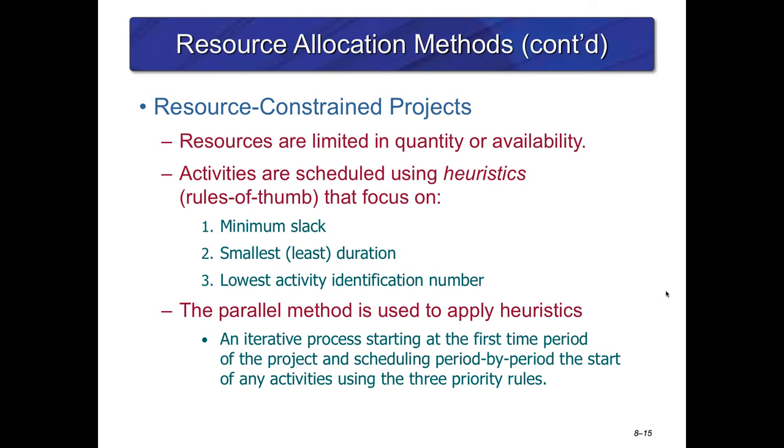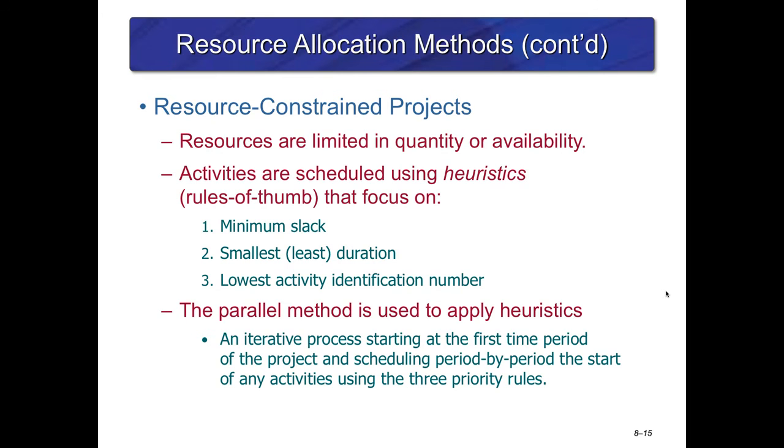When you're having a resource constrained project, the ones with the minimum slack get done first. The ones with the smallest duration get done first. And the ones with the lowest activity number get done first. This allows you to get more pieces of the puzzle done. Think of it like this.